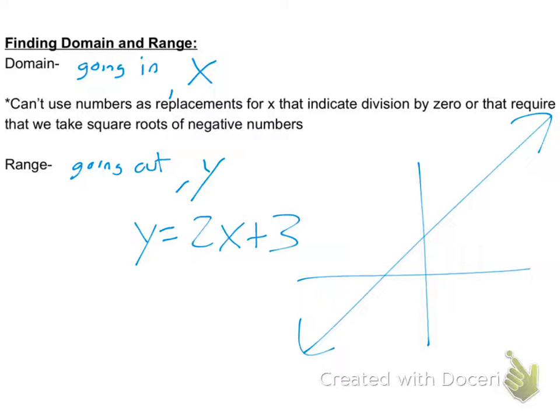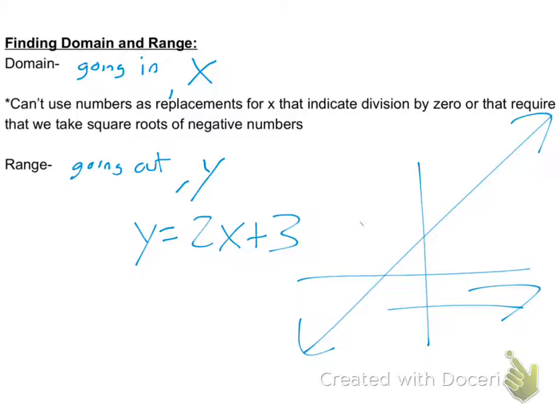I could put 1,000 into this function because 2 times 1,000 plus 3 is 2,003. That's way someplace, off the board over that way. I can put it in because it goes on forever in both the x directions and in the y directions.